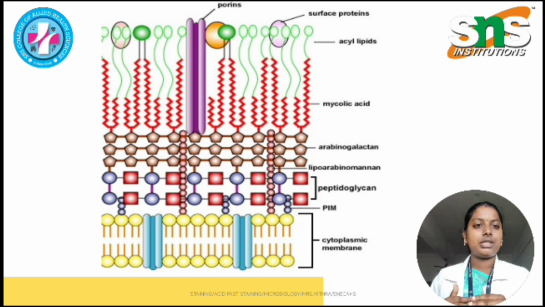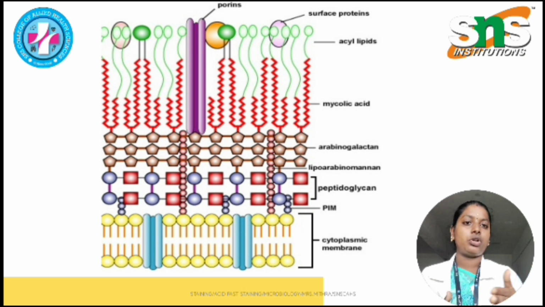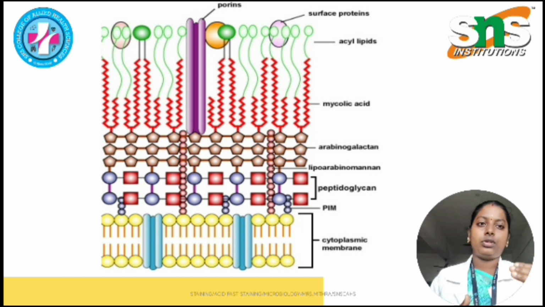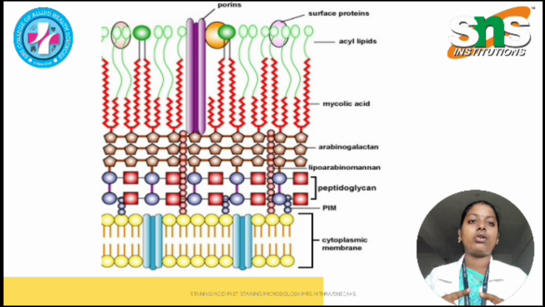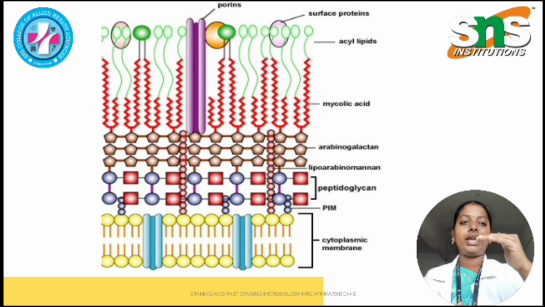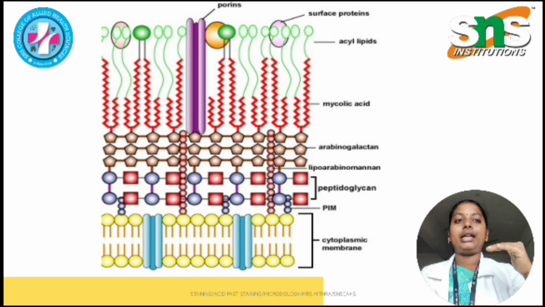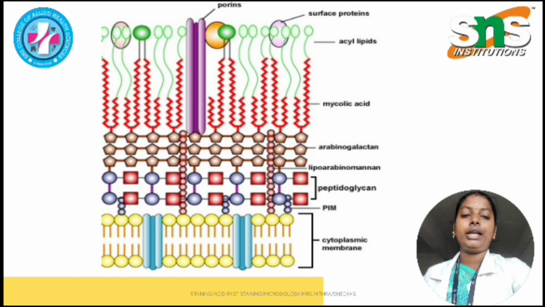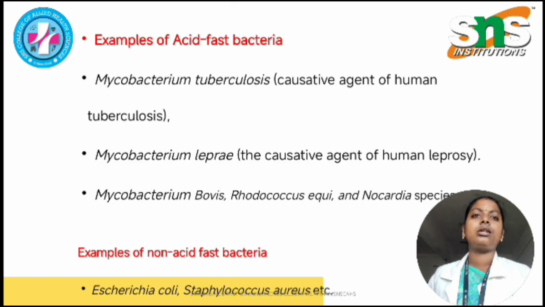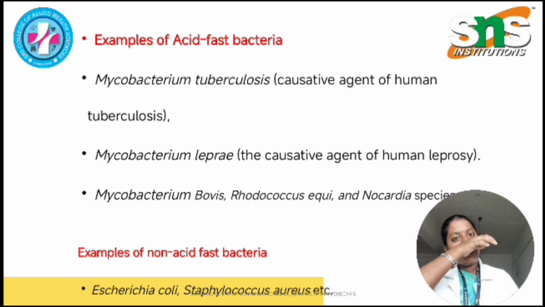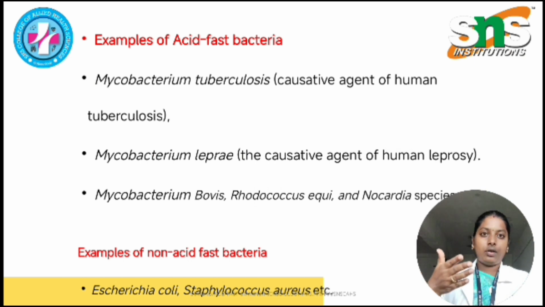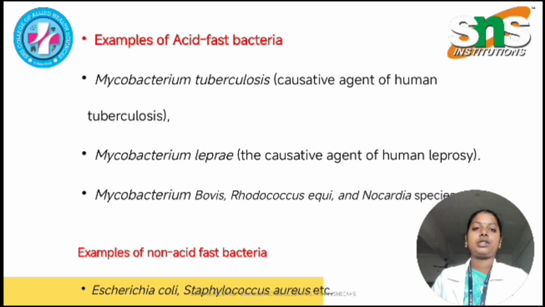PIM is phosphatidylinositol mannoside, and later on the cytoplasmic membrane. This is the overall structure of the acid fast bacterium, where the components stack in the form of layers.